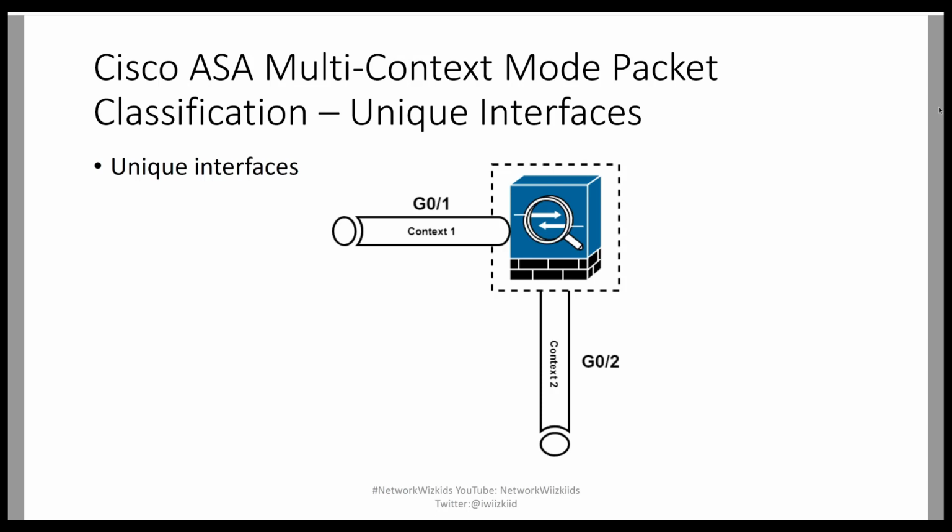In this example, we've got one context that's using Gig 0/1 and then another context that's using Gig 0/2. So in this case, the multi-context ASA is using unique interfaces, so there are no shared interfaces there.